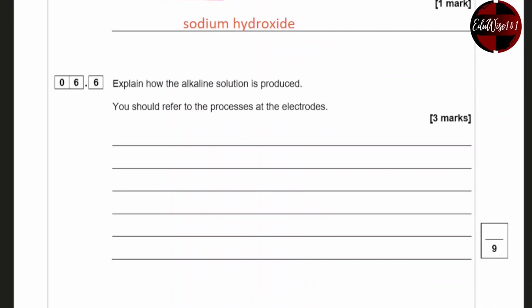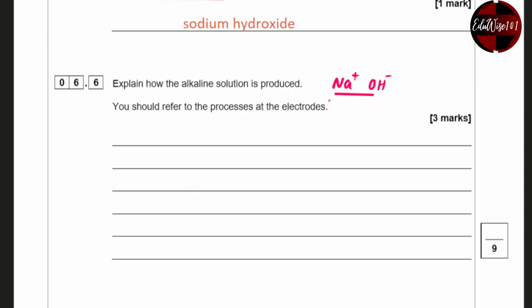Explain how the alkaline solution is produced. How is the sodium hydroxide produced? You should refer to the process at the electrodes. What is actually happening at the electrodes? Now, for sodium hydroxide to be produced, you will need the sodium ion and the OH- ion to react.